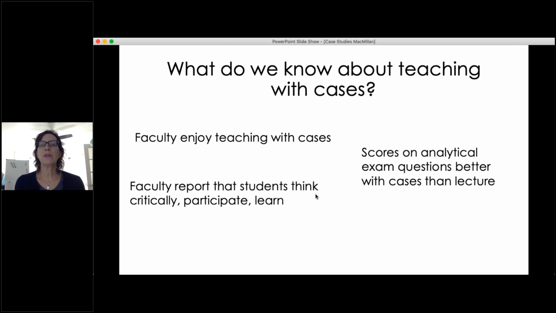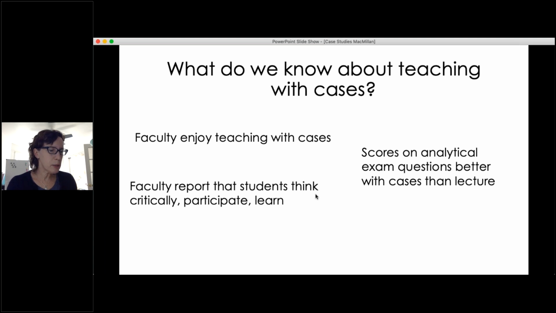We know that the scores on at least analytical exam questions appear to be better when students are taught with the case method than the lecture method. This is particularly from a paper looking at an upper division plant pathology course where they had to analyze particular plant crop failures. When they had been taught with a case, they did much better than when they were taught with a traditional lecture.